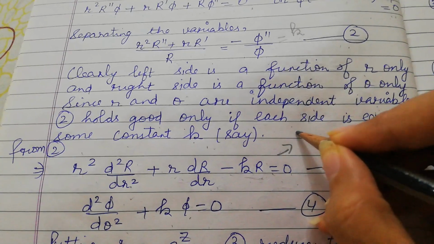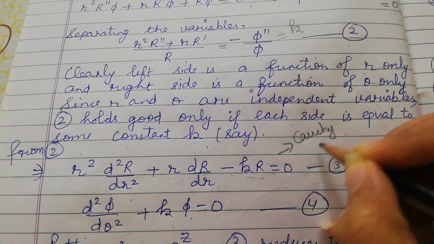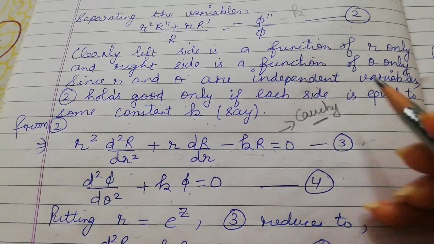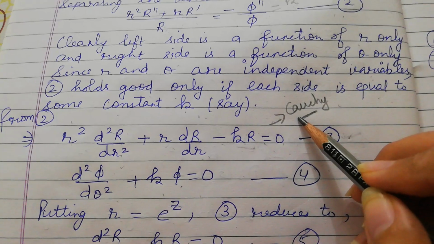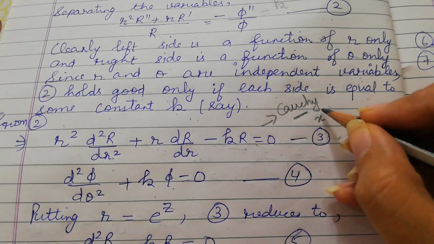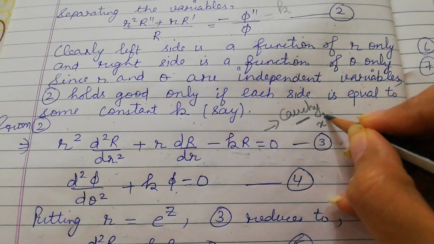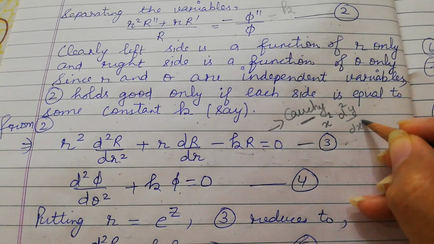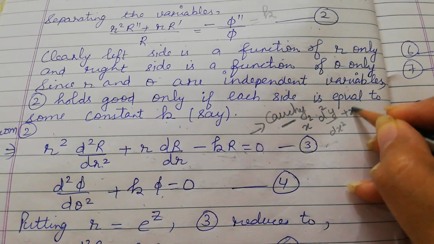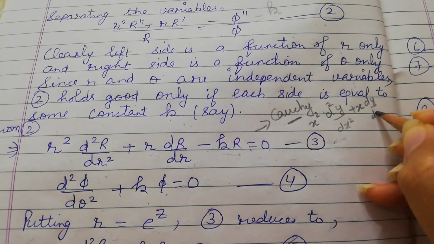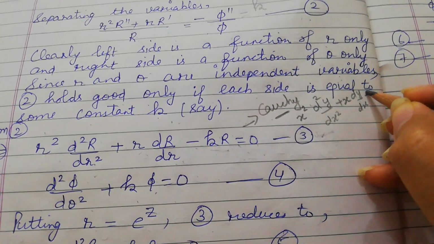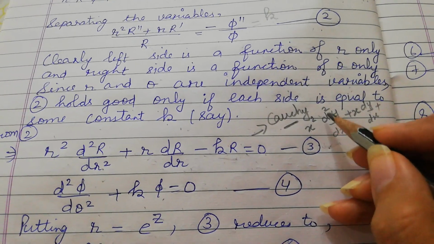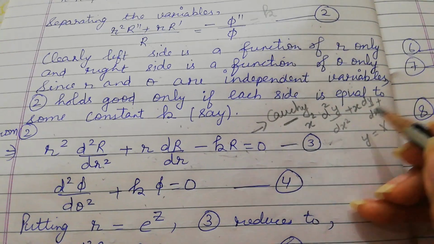In that equation, if I talk about second order, it was x square d square y over dx square plus x dy over dx plus y equal to a function of x. So the degree of x and the order of the derivative were the same.